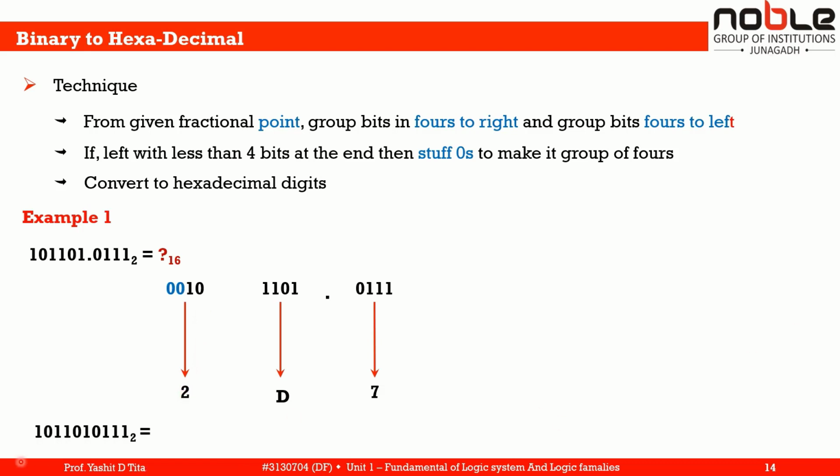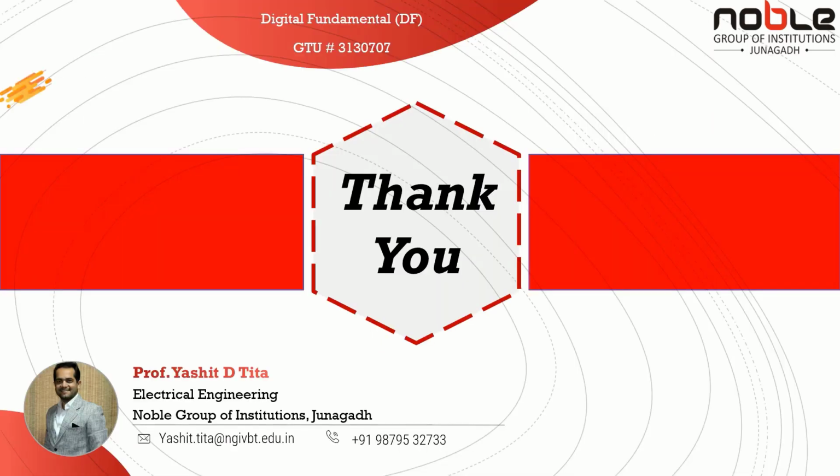Finally, 101101.0111 binary is equal to 2D.7 hexadecimal number.